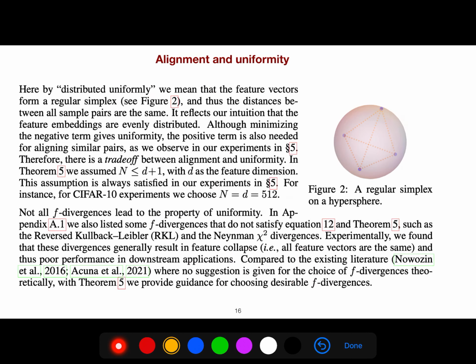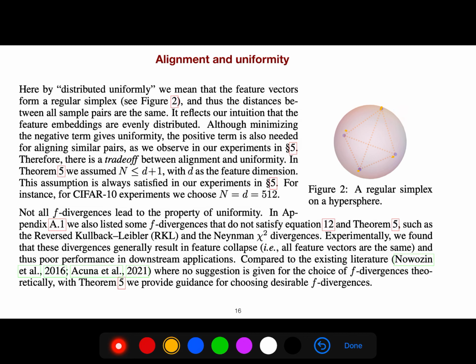By distributed uniformly, we mean that the feature vectors form a regular simplex, and the distances between all pairs of samples are the same, and it reflects our intuition that the feature embeddings are evenly distributed.